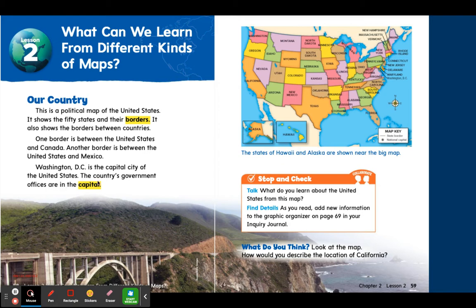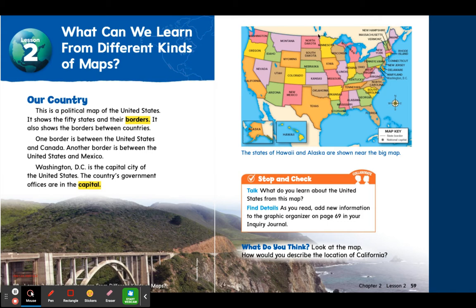Okay, so let's look. When they're talking about borders, these are the lines, okay? So these are the borders. Okay, so each state has a line, and then it's what we know as borders. So when they're talking about the borders from Canada, they're talking about these up here.